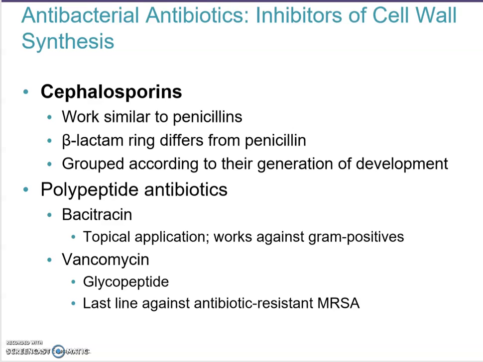Then we have the polypeptide antibiotics, the bacitracin. That one is really only used in topical applications. So in your triple antibiotic ointment, you would find the bacitracin. It works great against gram-positive bacteria, but only used on the skin. The vancomycin is a glycopeptide antibiotic. That's sort of the last thing you have against methicillin-resistant Staph aureus, the MRSA.